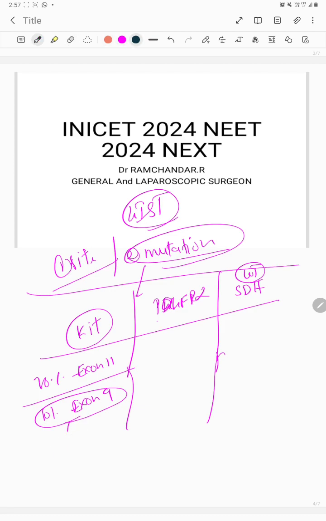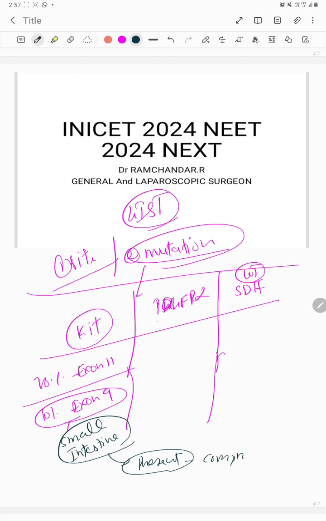So in the small intestinal GISTs, the mutation would be in c-KIT, exactly in exon 9, and these small intestinal GISTs more commonly present with compression symptoms like abdominal mass, and compression of structures would lead to symptoms according to their location in the small intestine.